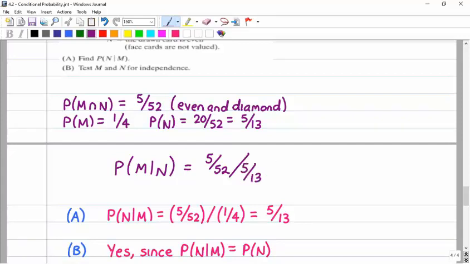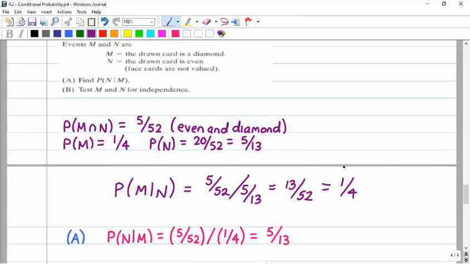That flips over. 1 over 4. You'd have a 1 over 4 chance that it was a diamond if you knew that it was even.